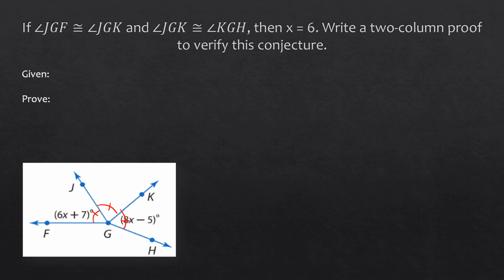Now, the information in the diagram is also included as information that's given. So not only the information that's in this sentence here about the congruent angles, but also the fact about 6x plus 7 and 8x minus 5 being given angle measures. Okay, so I'm going to go ahead and rewrite my given statement.